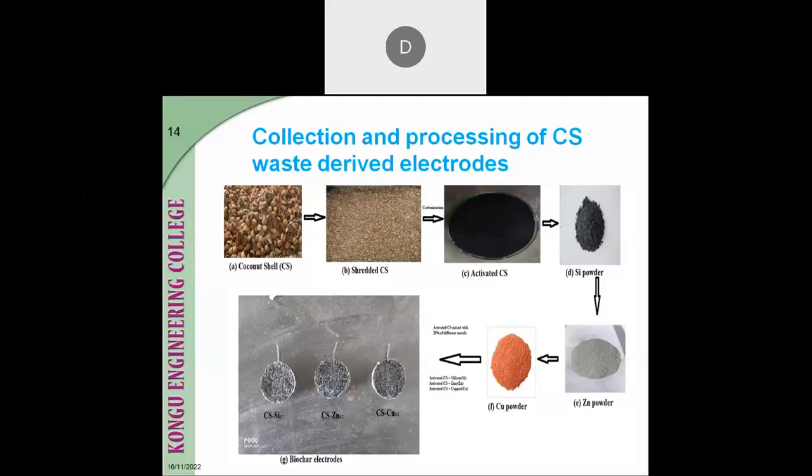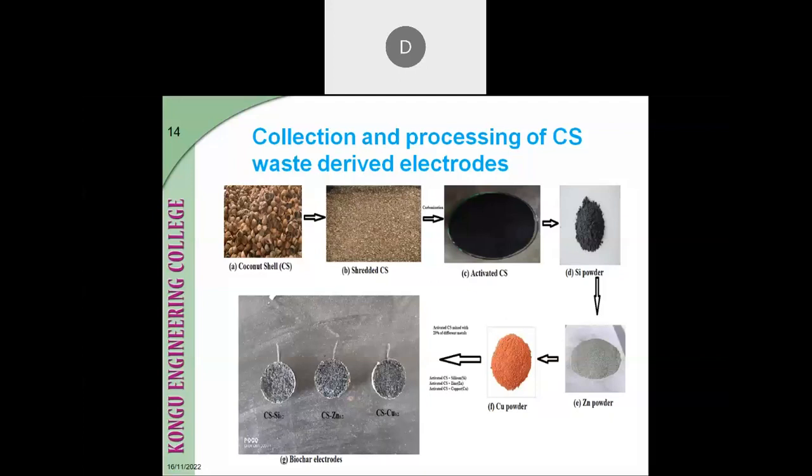So it will give very good energy. But since it contains more carbon, when you burn it, it causes greenhouse gas, discharging carbon dioxide.